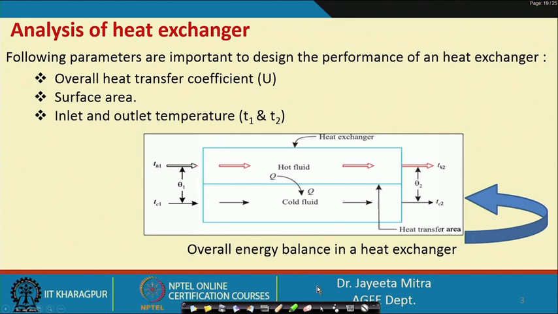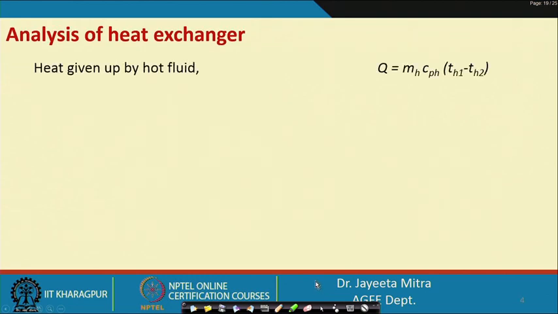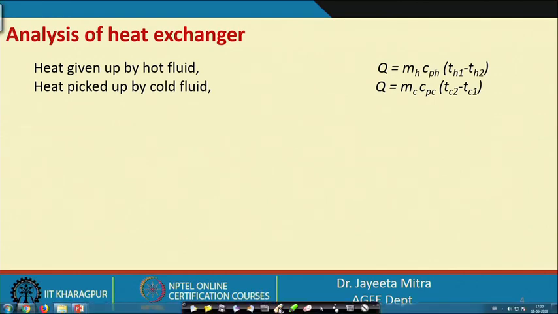If we want to analyze the heat given up by the hot fluid, that will be Q equal to mh dot, the mass flow rate of the hot fluid, times Cph, the specific heat of the hot fluid, times Th1 minus Th2. Th1 is greater than Th2. So, the heat given by this will be this quantity.